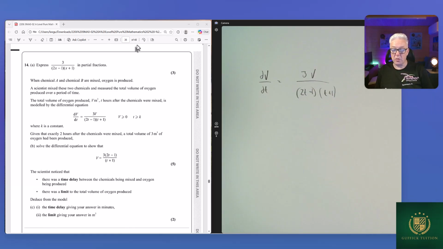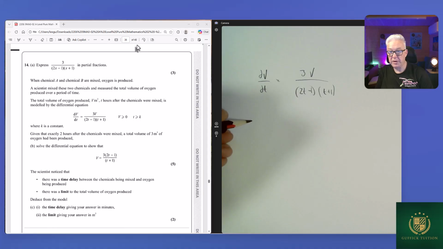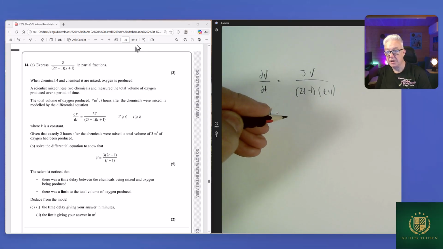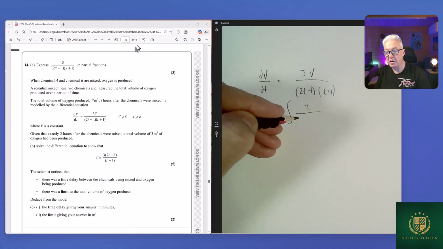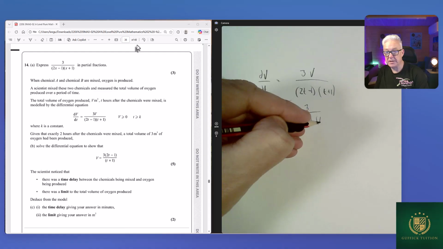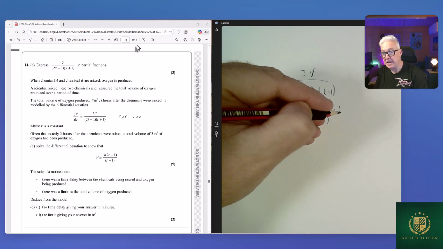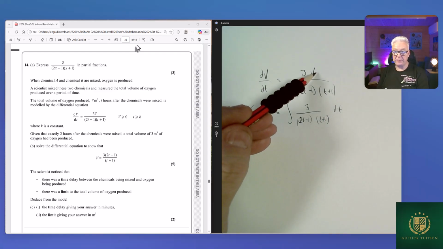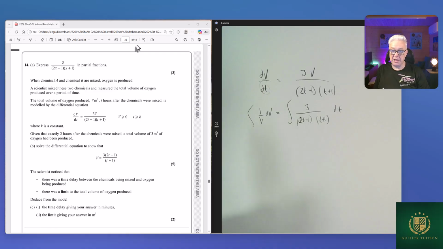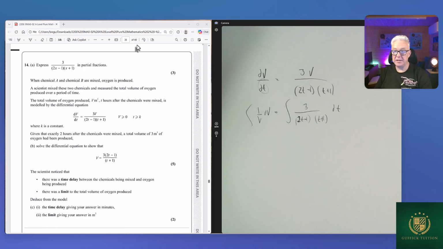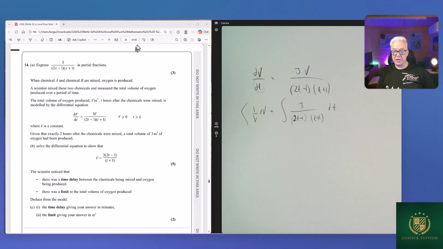Okay, so we're going to divide both sides by the V and we're going to multiply both sides by the dt. So therefore the integral of 1 over V dV is going to equal the integral of 3 over (2t minus 1)(t add 1) dt. Now what we've done there is divided by that V and multiplied by that dt. So we've treated dV by dt as though it was a fraction, even though of course it isn't.